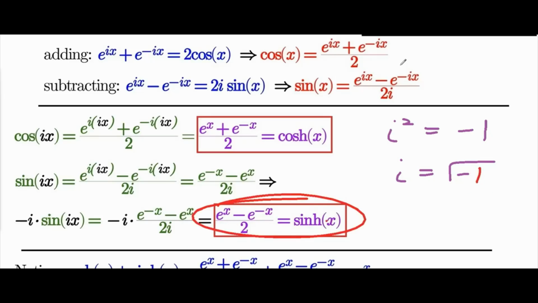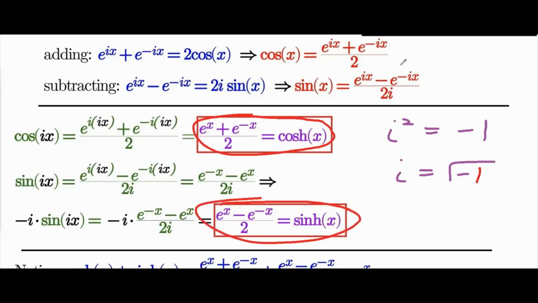So here we have the complex definitions of cosine and sine, and then we have the definitions of hyperbolic cosine and hyperbolic sine, but of course these are real.